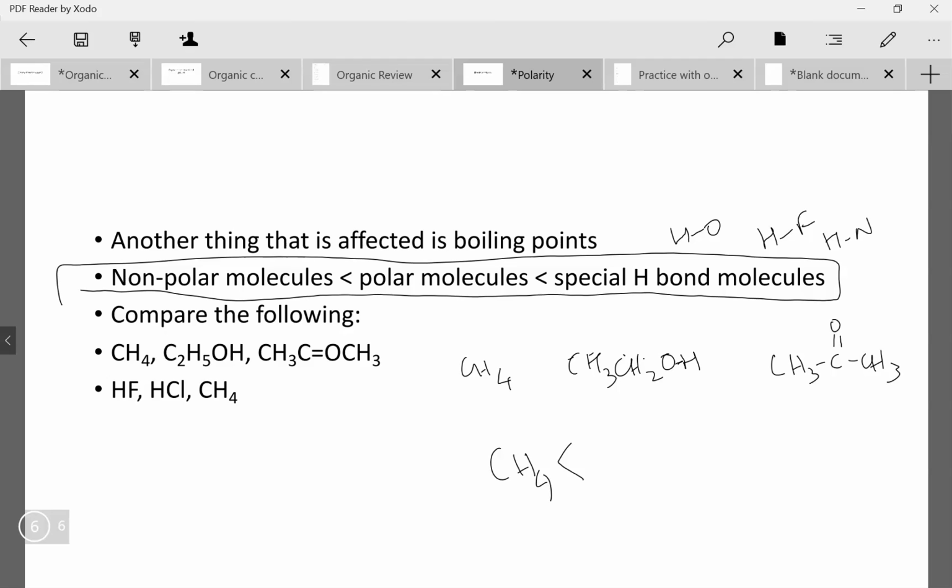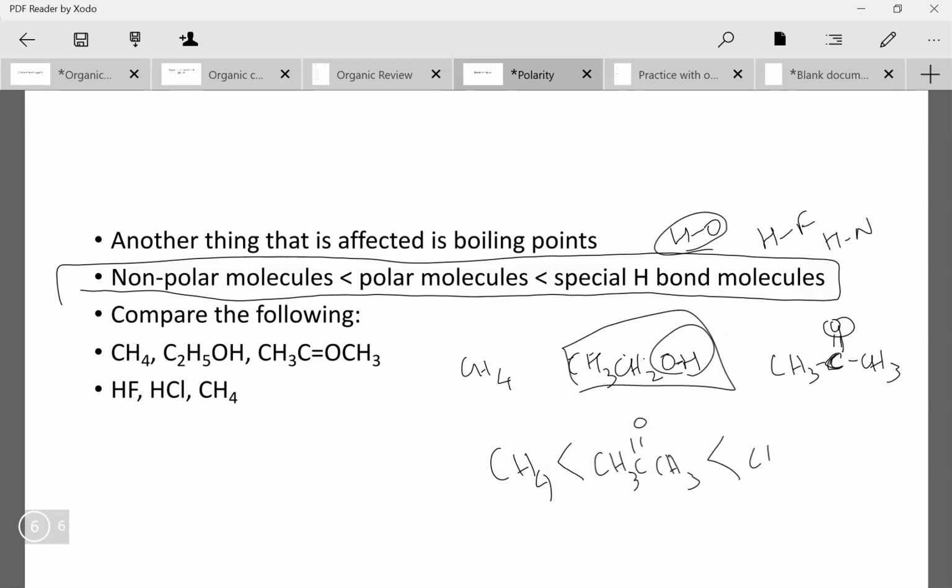Then come polar ones, like propanone, which is a polar molecule because it has a C double bond O bond. But it doesn't have any of these special H bonds, right? Even though there's a hydrogen and oxygen, they're not connected to each other. So that will be next in line. And then finally will be the special H-bond molecule, because there's an O-H bond in CH3CH2OH. So that is the order of boiling points.